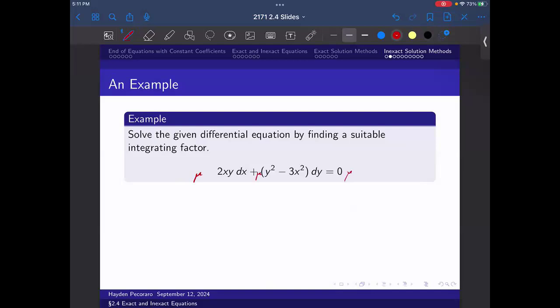And notice on the right side, it's 0 times mu, so I just get 0. So that the derivative of the first part with respect to y equals the derivative of the second part with respect to x.